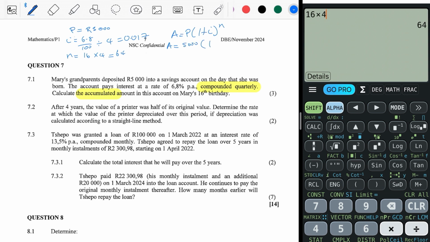P is 5,000. 1 plus i is 1.017, to the power n, which is 64. And then guess what? Just punch this in your calculator and you get your answer.